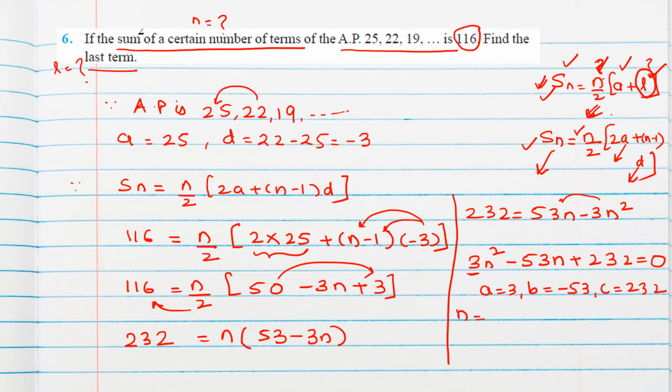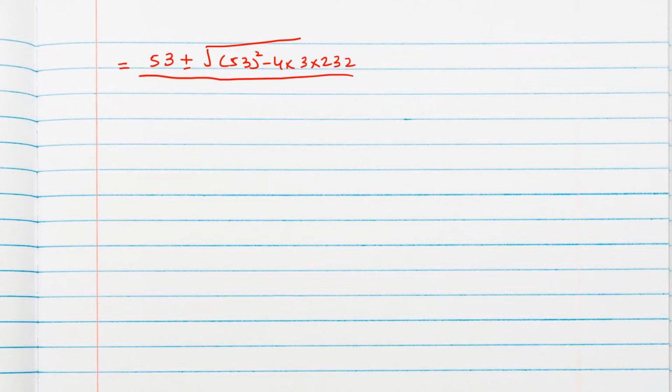So n will be minus b plus or minus the square root of b square minus 4ac, divided by 2a. We'll substitute all these values to get the n value. After substituting, 53 plus or minus the square root of 53 square minus 4ac, divided by 2a, that is 6.